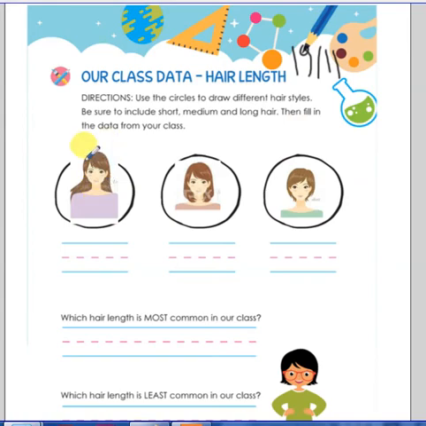Draw a girl with long hair, and write here the number of how many girls have long hair. Okay, draw the face of this girl with medium hair, and draw the last one with short hair. So this is long hair, medium hair, short hair.